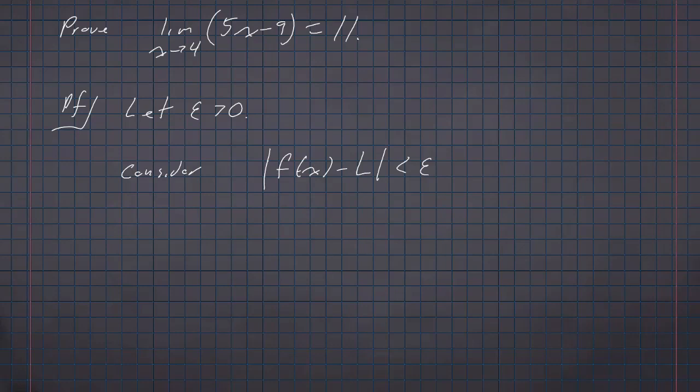And we'll consider the inequality absolute value of f of x minus L is less than epsilon. And we'll do the same game that we did before. We'll plug in our f of x, we'll plug in our L. We don't know what epsilon is now, but that's okay.